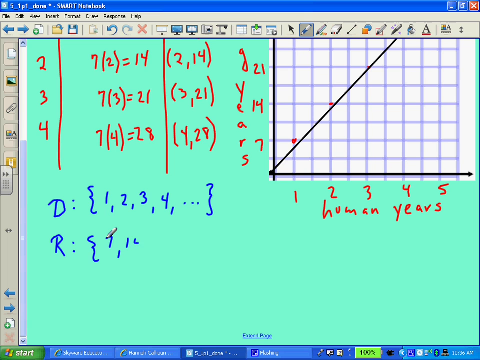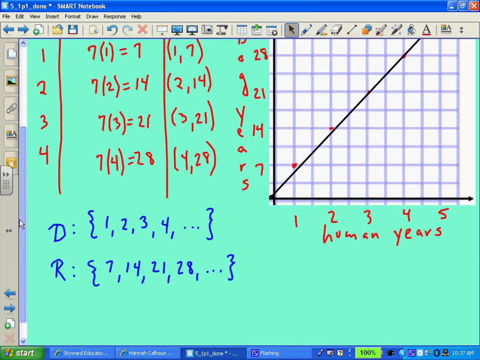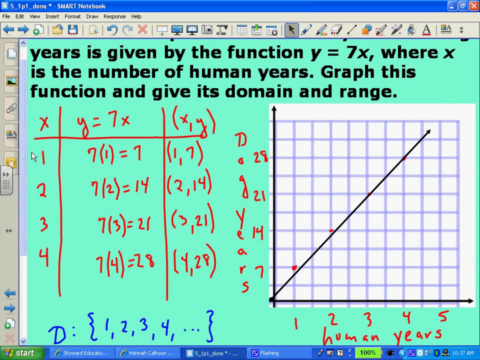If I plug them into my equation, 1 year is 7, 2 years is 14, 3 years is 21, 4 years is 28, and then again, dot, dot, dot. That shows that it keeps going up by 7 as the domain values go up. So that's what my domain and range would look like for this particular story problem.